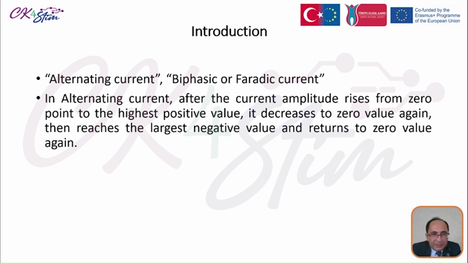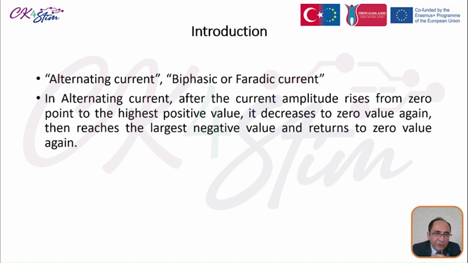If the current rises to a highest value, comes back to zero value, then rises to negative highest value and comes back to zero value once again, we call this alternating current.